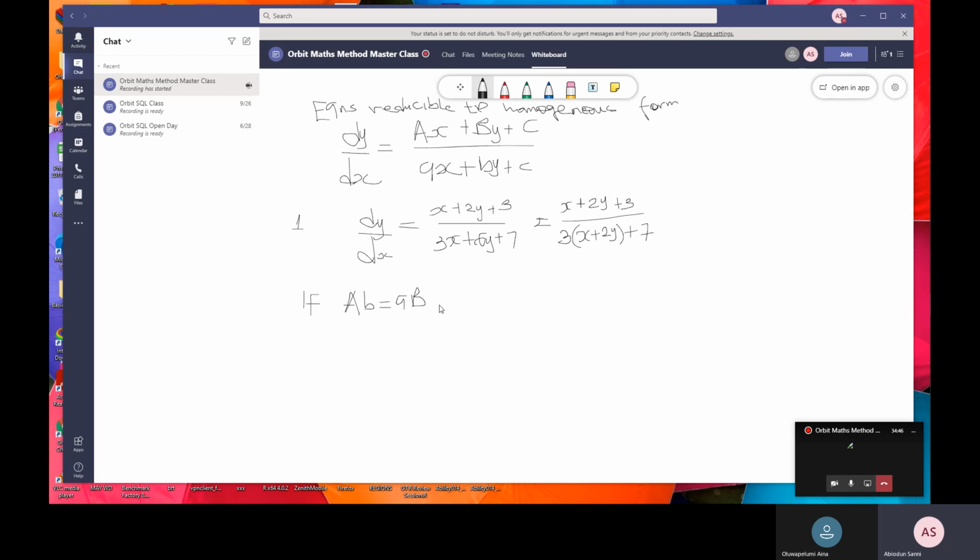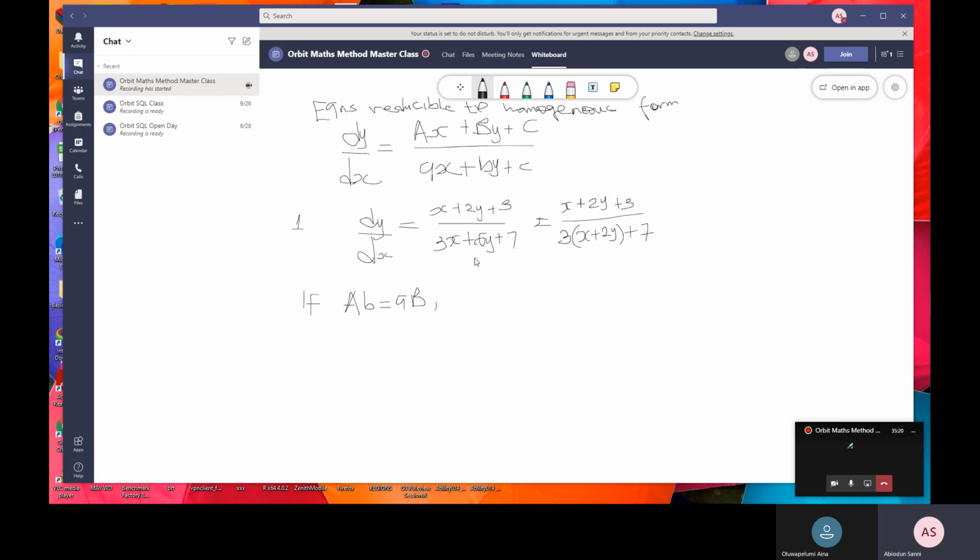If capital A times small b is equals to small a times big B, then you should be able to make a substitution that simplifies the problem. But if not, then you are going to be solving the numerator and denominator simultaneously.